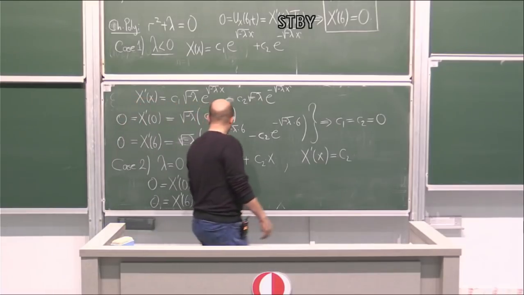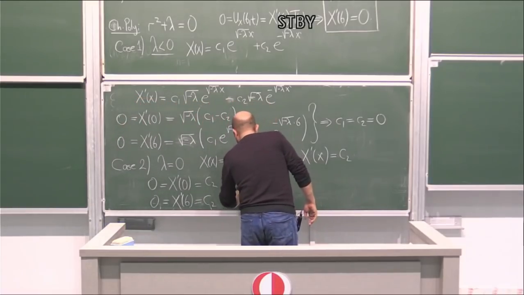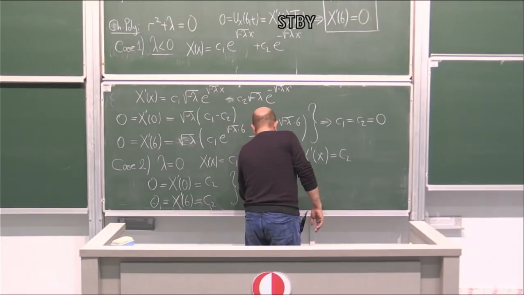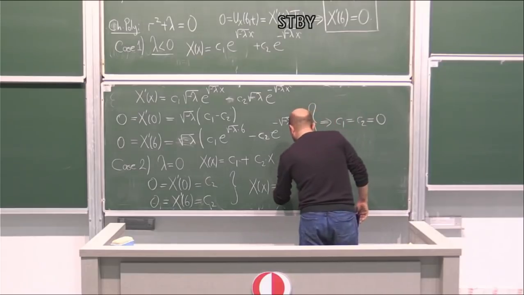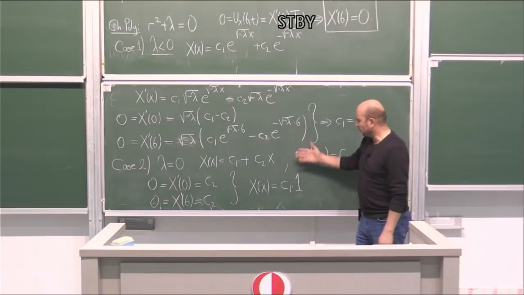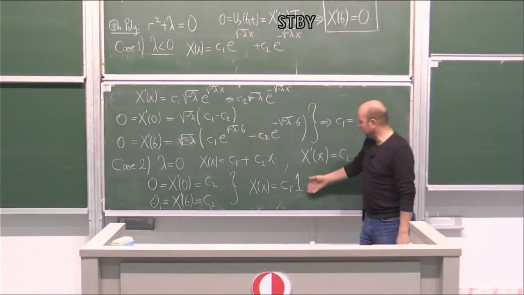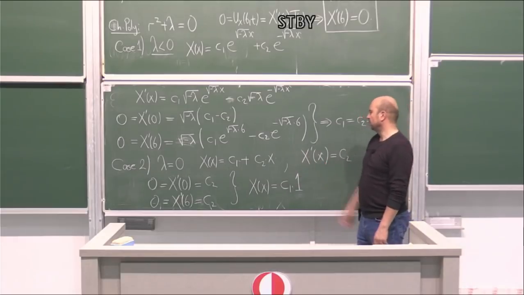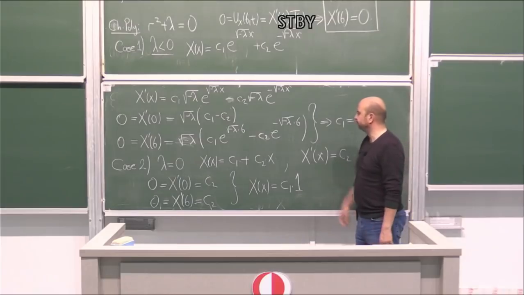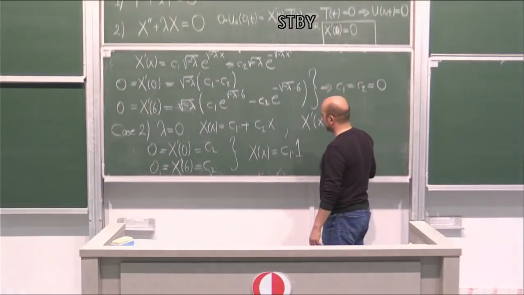So then what do we get? This gives us x of x is basically C1 times 1. So it says 1 is a solution to this. Any multiple of 1 is a solution too. So we found at least a non-trivial solution here, 1.